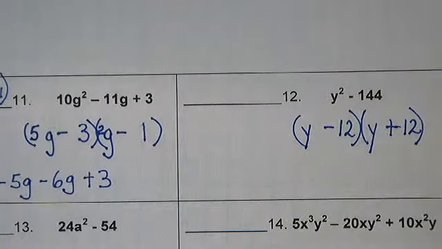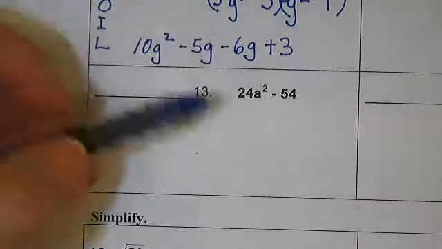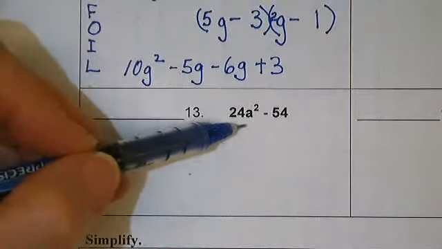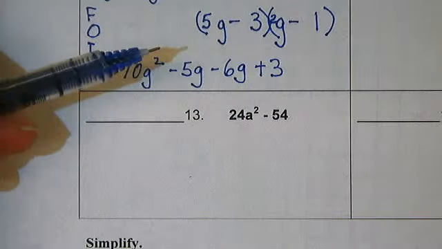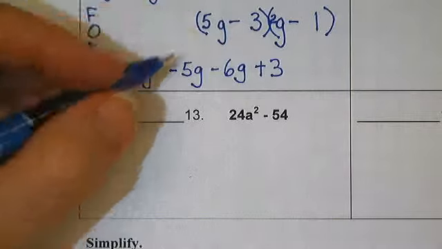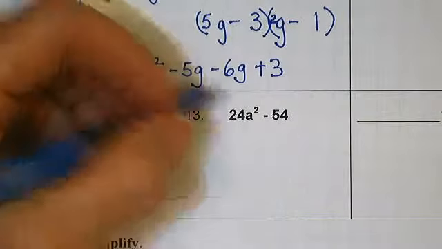Problem 13. 24a squared minus 54. Do I have any common terms? Well, let's see.